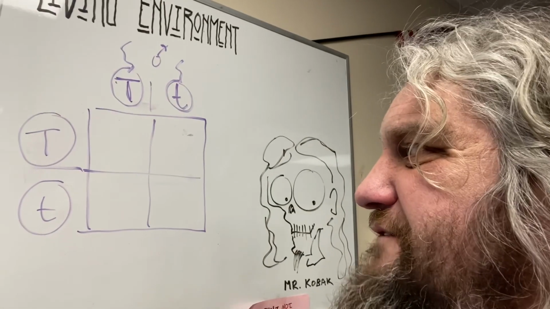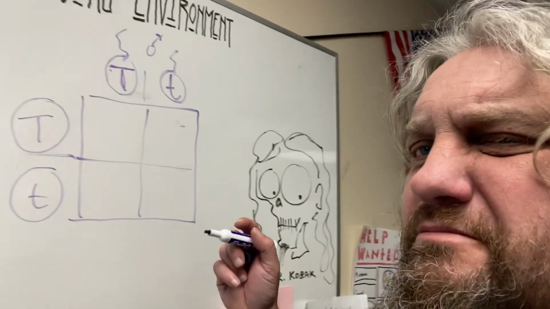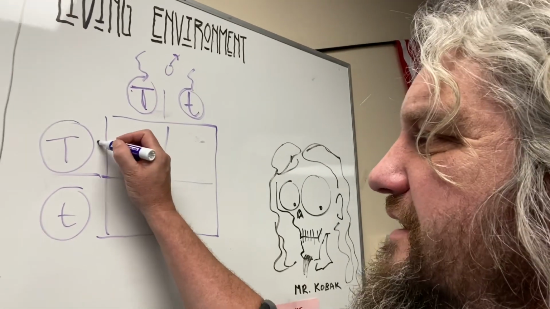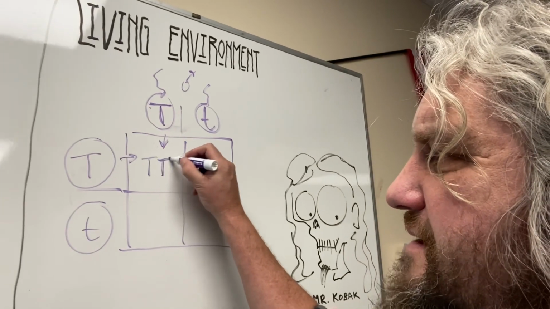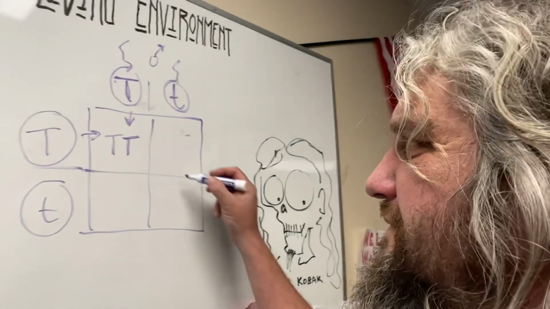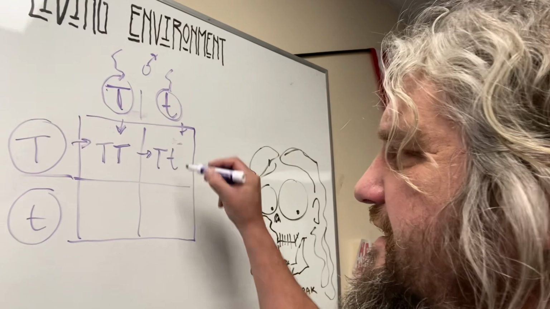But if they were to have sperm meet egg, there's 4 possible outcomes. This is like making a prediction before the baby is born. Big T in the egg, big T in the sperm, you're going to get big T, big T. That's going to be a tongue out baby. Over here, you get big T from mom, little t from dad. You're going to get big T, little t.